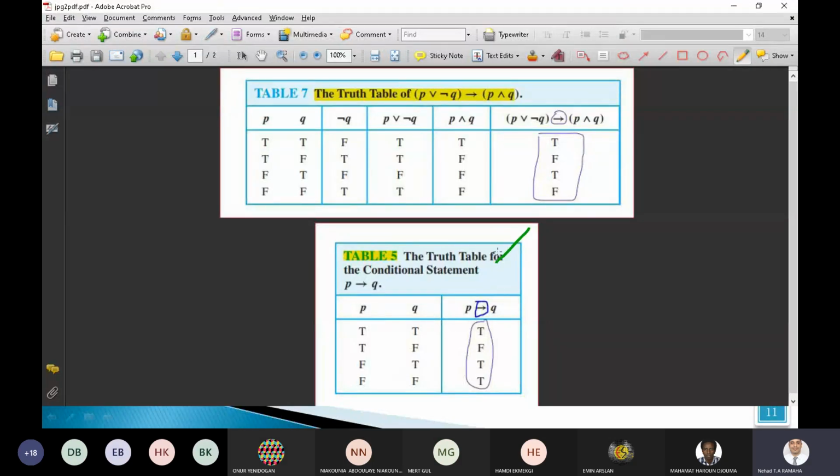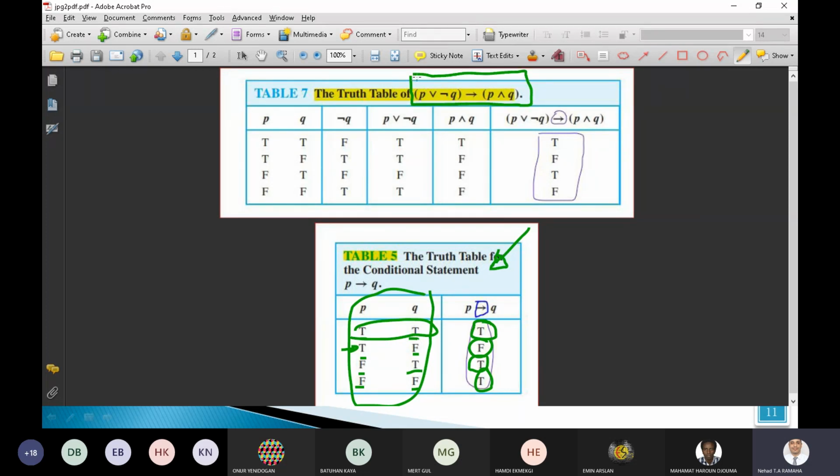Now I will return here. This is the truth table that I mentioned before. Here we have all the possibilities for P and Q: true, true, false, false, and true, false, true, false. This is the first possibility, second possibility, third, and for each possibility we get the result for P implies Q. Here is the truth table for this compound proposition.